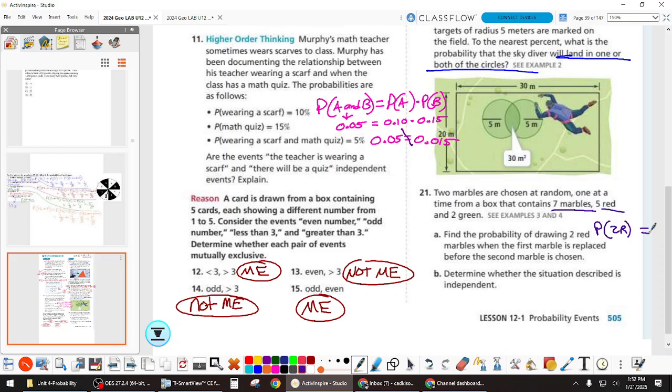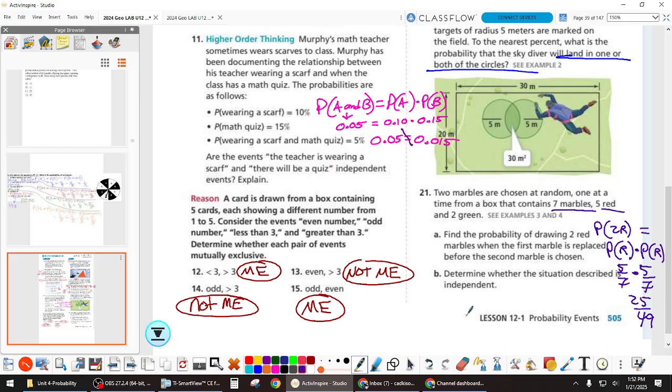Well, what does putting the marble back do? Yeah, resets it. So is it independent? If I reset, doesn't that mean independent, right? Okay. So this is probability of red times probability of red, which is 5 out of 7 times 5 out of 7, or 25 out of 49.